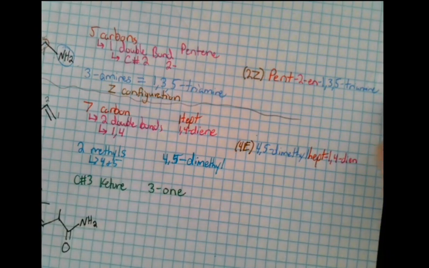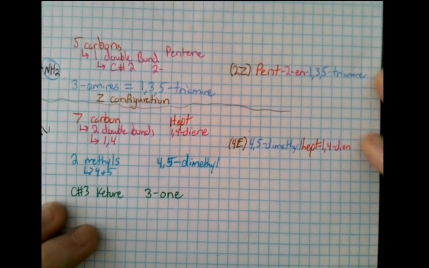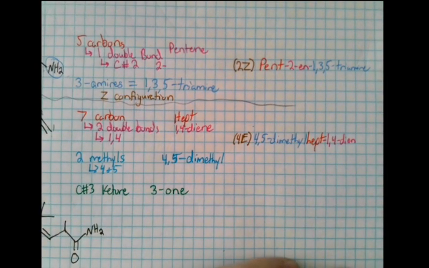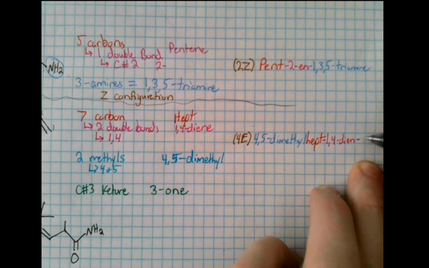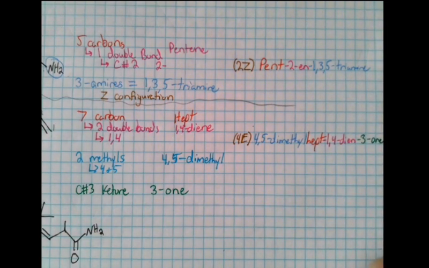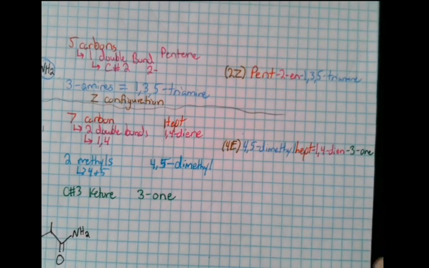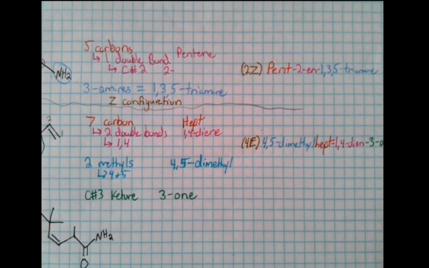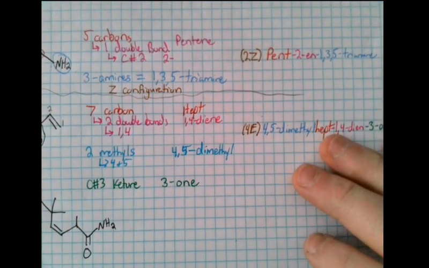If you do, I'm not going to count off for it, but technically it gets replaced because our new ending is actually going to be diene-3-one. So 4E, 4,5-dimethylhept-1,4-diene-3-one. I know it just sounds like I short-circuited and started saying prefixes and numbers, but that would be the name for this structure.